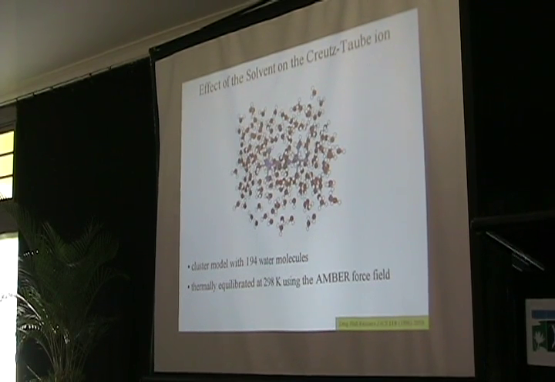We run thermal ensemble calculations at 298 Kelvin on this cluster using the Amber force field. The parameters for that we developed ourselves in the mid-90s, where we looked at the solvent effect of this class of molecules. So it's really easy to generate the Amber force field for an arbitrary molecule like the Creutz-Taube ion. And it's reasonably good.